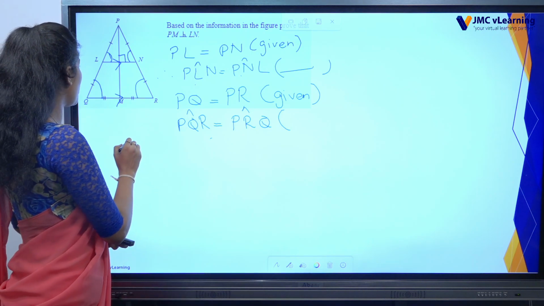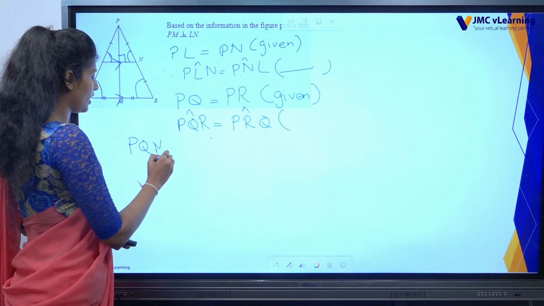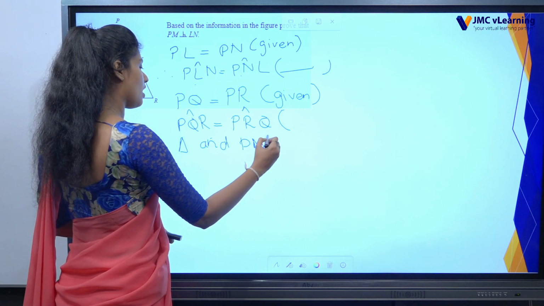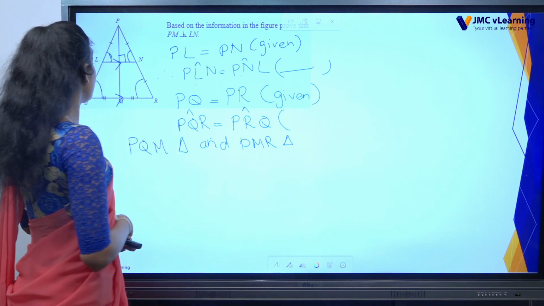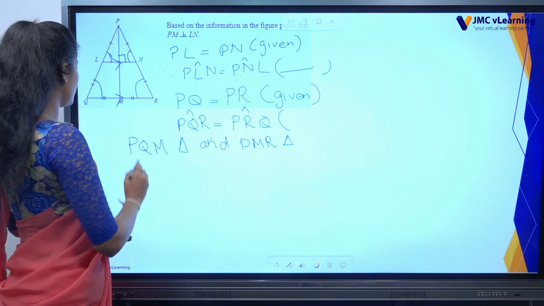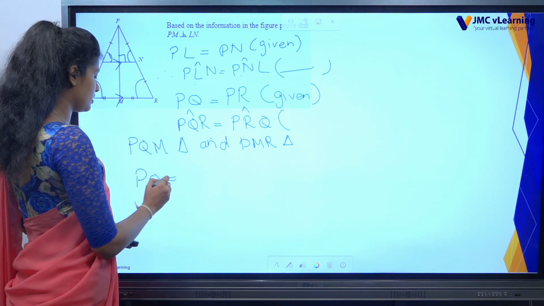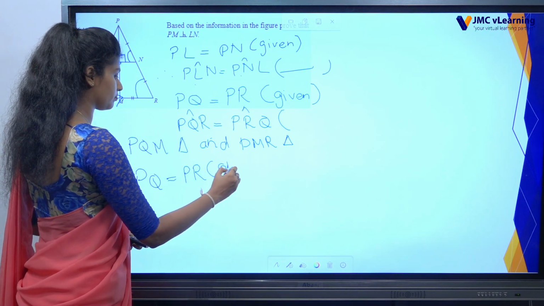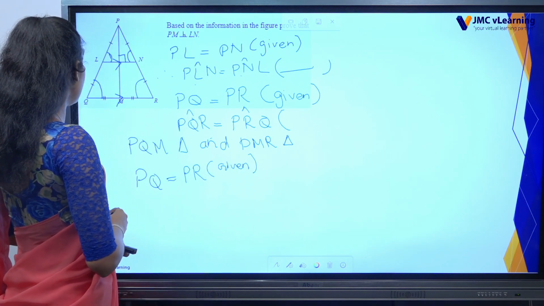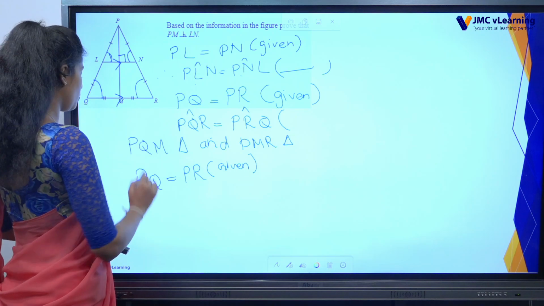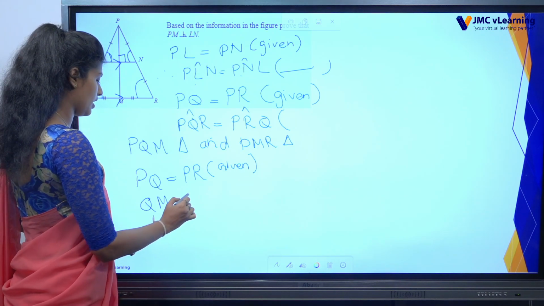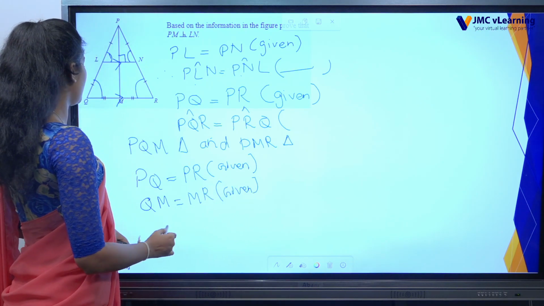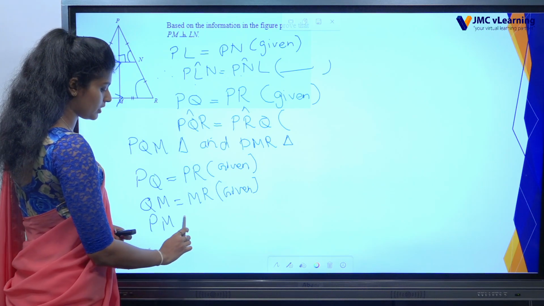Let's consider PQM triangle and PMR triangle. Then you can say here PQ is equal to PR, given, and QM is equal to MR, that one also given, and PM is equal to PM.